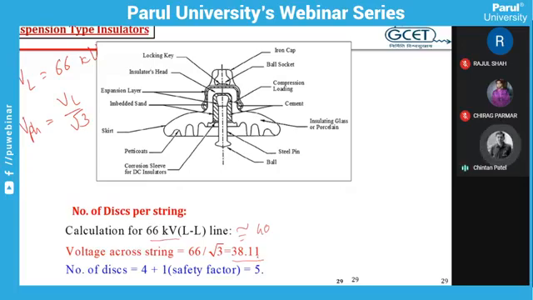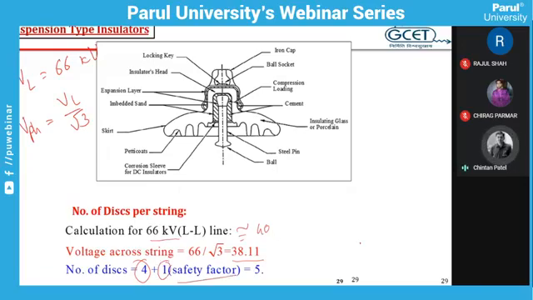Now, as we know, the capacity of one disc is 11 kV. So in this case, the total number of discs required is 4. So for 66 kV line to line voltage, only 4 insulator discs are sufficient, not 6. But one disc is added as a safety factor.